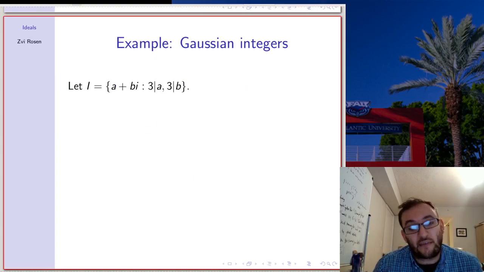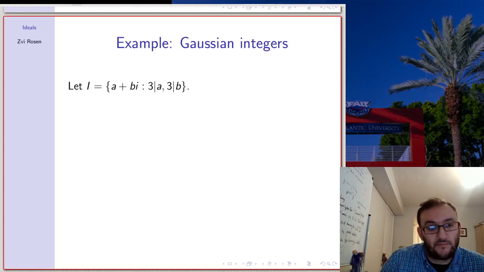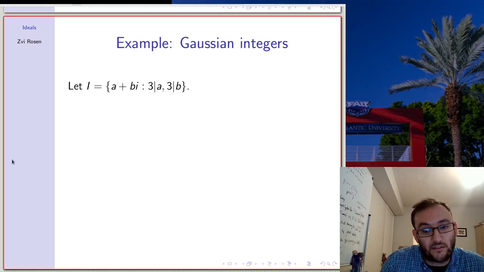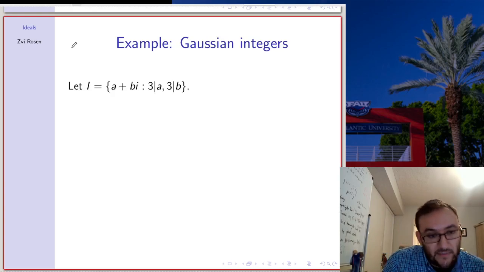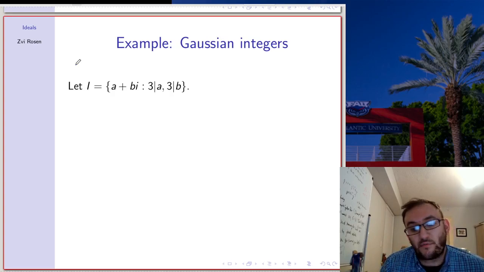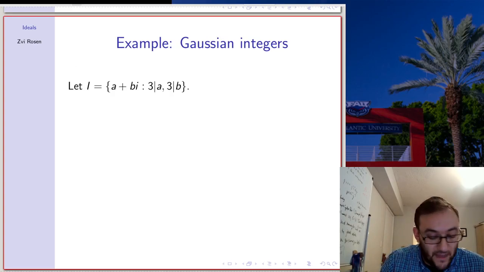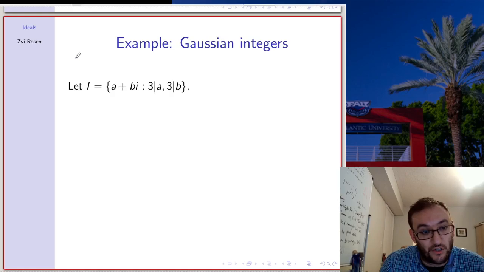Here's another example of a maximal ideal. Let's consider the Gaussian integers. These are a subset of the complex numbers, but they're specifically complex numbers where the real part and the imaginary part are both integers. So sometimes denoted Z with an i in brackets.